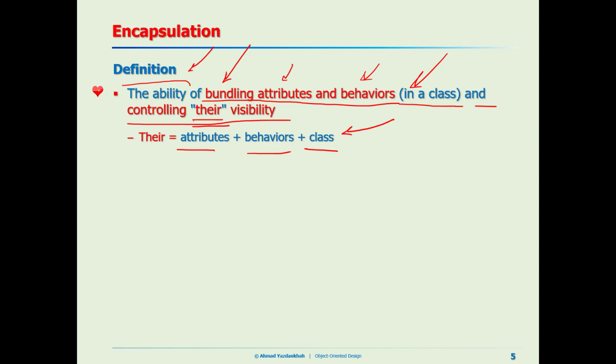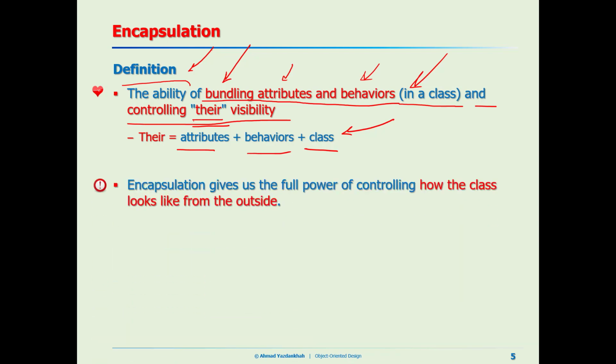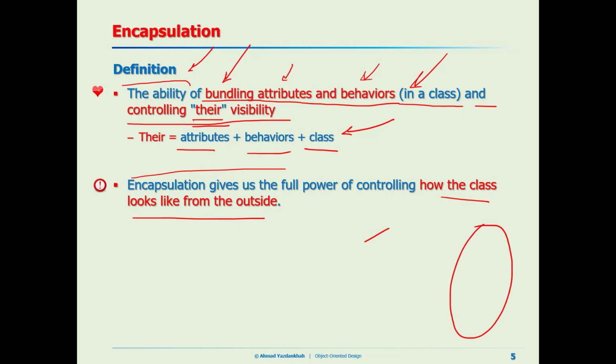In other words, encapsulation gives us the power of controlling how the class looks from the outside, right? If this is a class, what you can see from this object is the API or the interface. We talked about this before, but now we are giving a name to that.